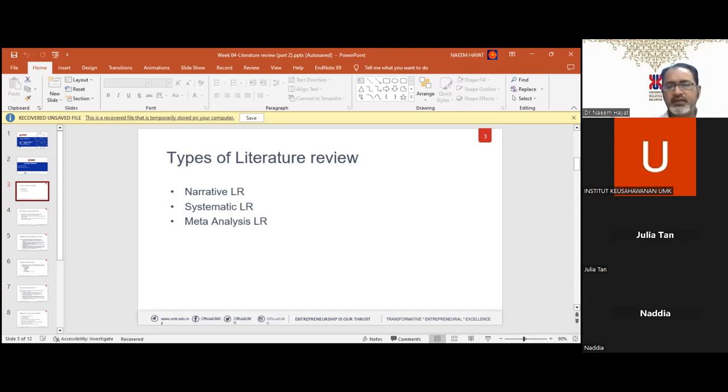Another type of literature review is the meta-analysis. In a meta-analysis, we go for papers that are empirical, normally where data is utilized to frame the relationship between variables, or maybe the regression association that is influencing the x variable, y variable. So in a meta-analysis, we run a grand regression.